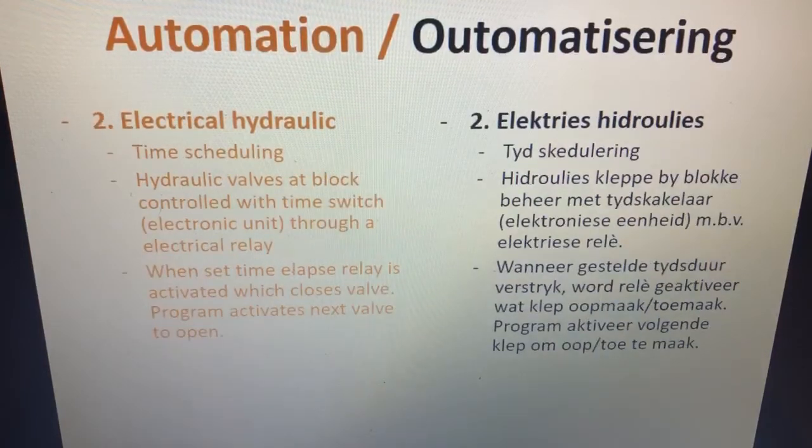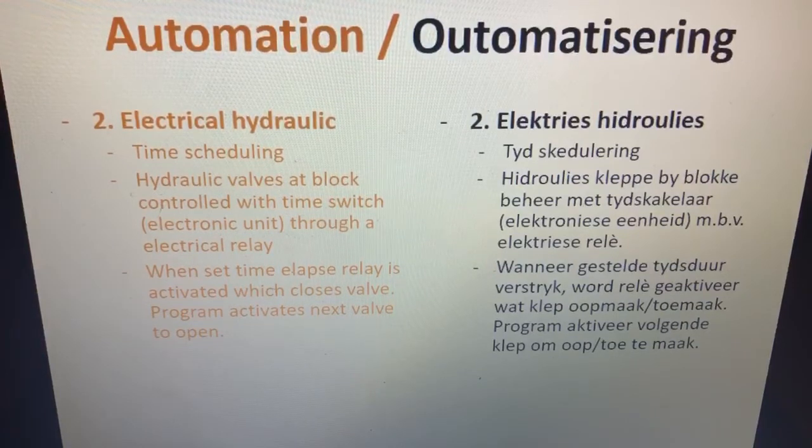Next we'll look at electrical hydraulic. The big difference between mechanical and electrical is that in your electrical hydraulic system, instead of a volume of water passing through your system, it's now time based. So you'll maybe irrigate a block for somewhere between 3 or 6 hours, and then it switches to a different block.